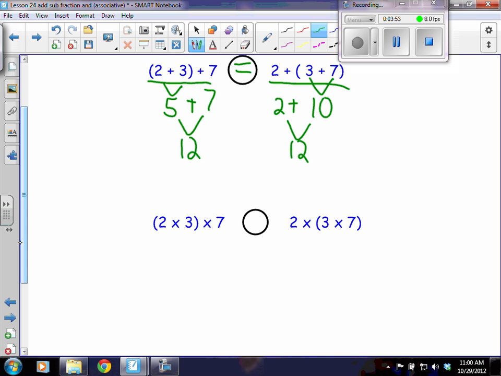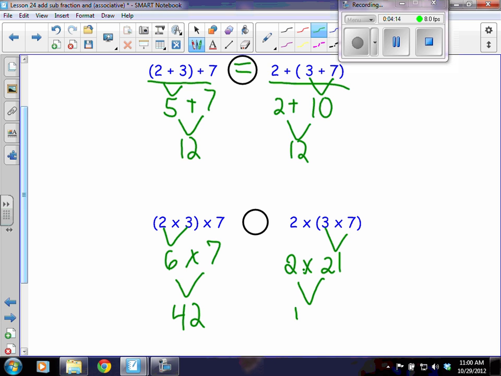We're going to look at multiplication. Let's try this again. 2 times 3 this time is 6. 6 times 7 is going to give us an answer of 42. Is that going to be greater or less? Next we have 3 times 7, starting in the parentheses. Now we're going to multiply by 2, which is also going to give us an answer of 42.